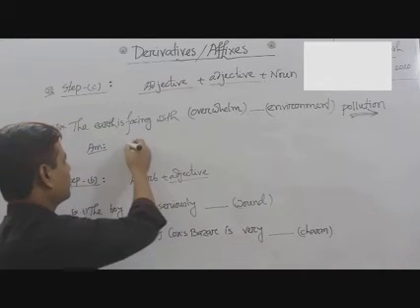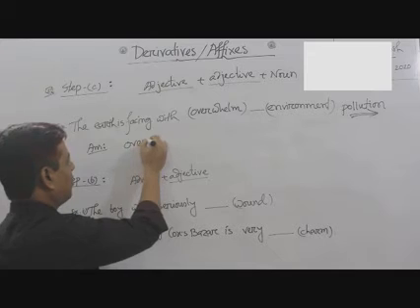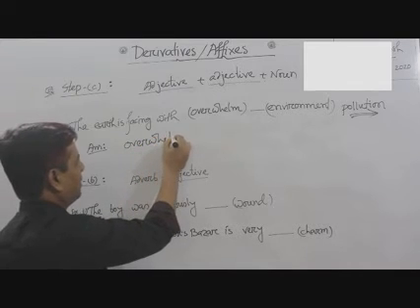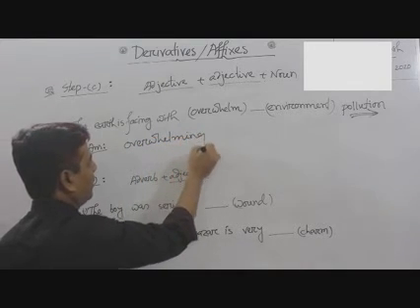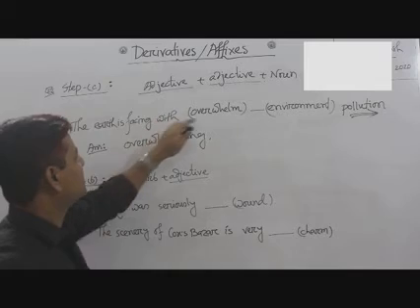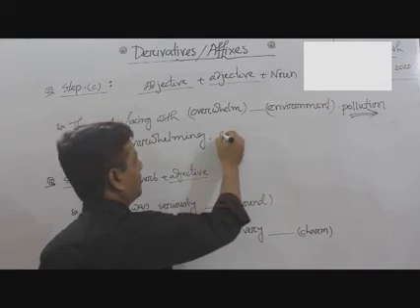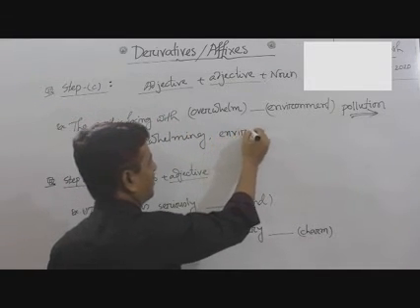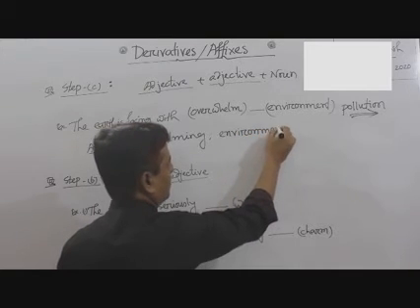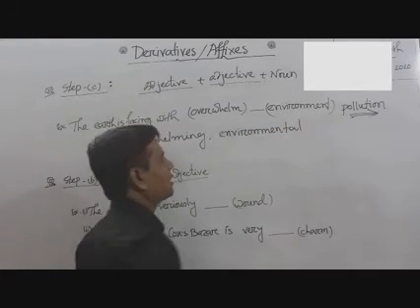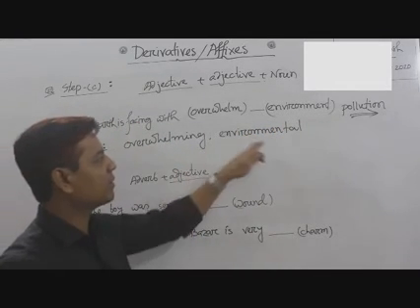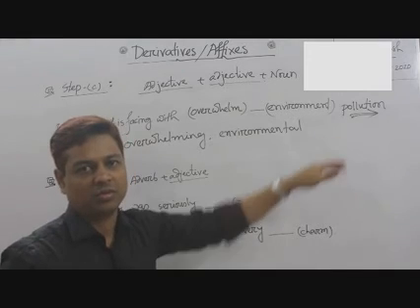The adjective form of overwhelm is overwhelming. The earth is facing with overwhelming environment. The adjective form of environment is environmental. Environmental pollution. The earth is facing with overwhelming environmental pollution.